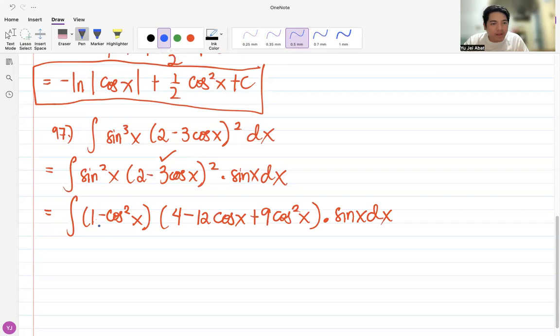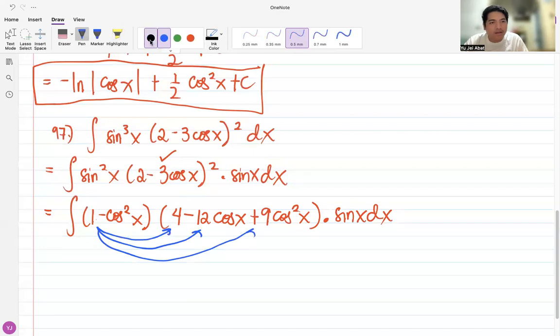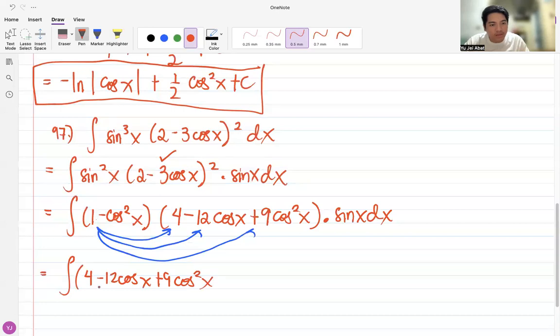So I'm going to distribute 1 to all of the terms here. So we have 4 minus 12 cosine of x plus 9 cosine squared x. And for the second part, I distribute negative cosine squared x to the 3 terms here.